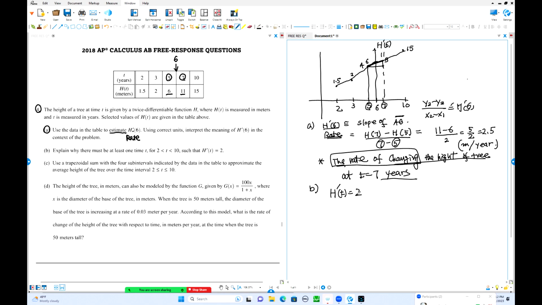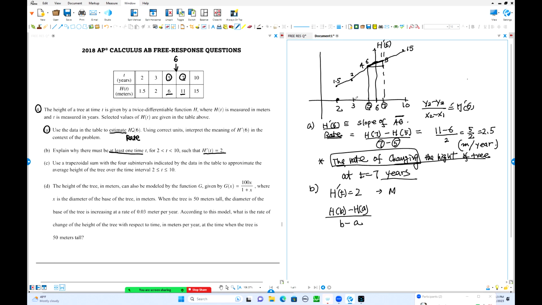What does this represent? The mean value theorem, isn't it? There is at least one c which equals this one. That is the mean value theorem. You can use this: h(b) minus h(a) over b minus a, that is the slope between 2 points.